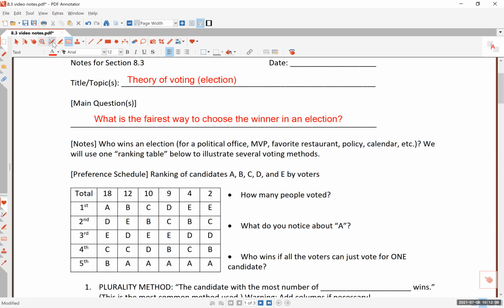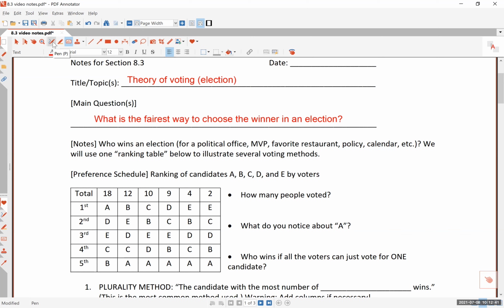Now, one of the main objectives of a course like liberal arts mathematics is to become a critically thinking, problem-solving citizen, somebody who is literate in numerical or quantitative ways. This is very important, because in a democratic society, elections and votes are extremely important.